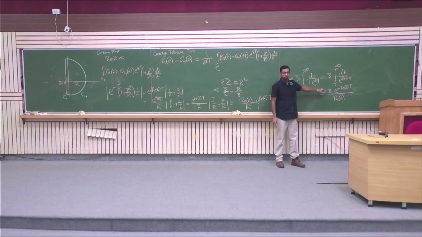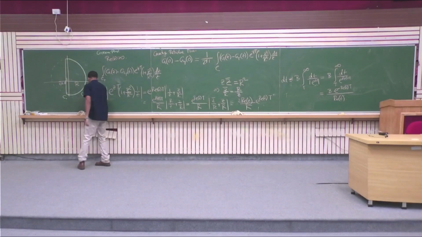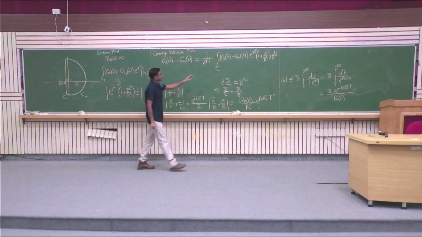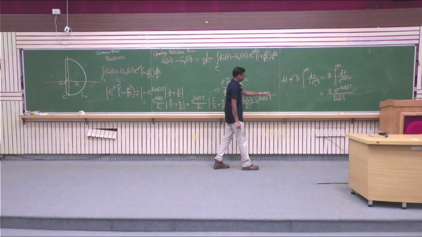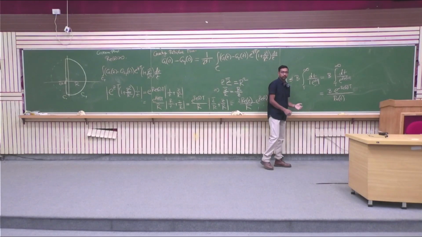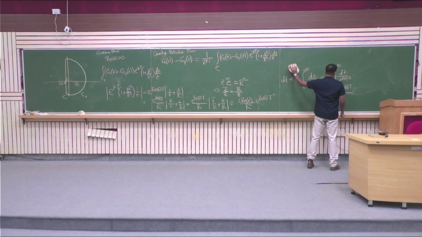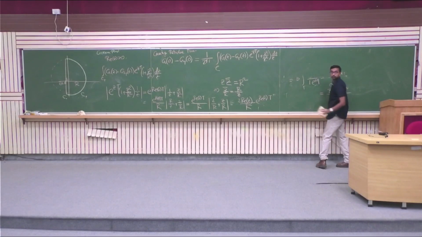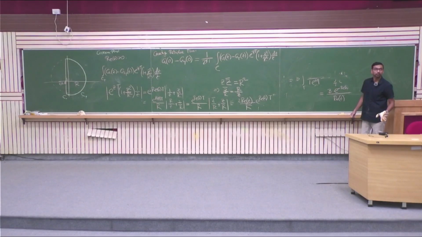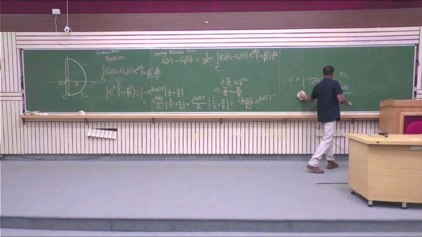That implies that this integral on the green part is bounded by 2b by r squared. The choice of this kernel was such that this cancels.